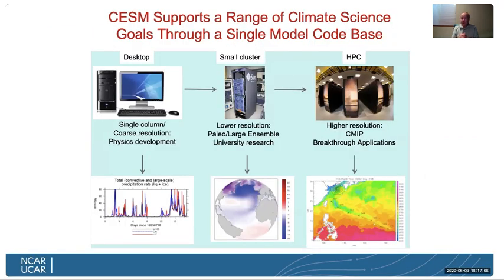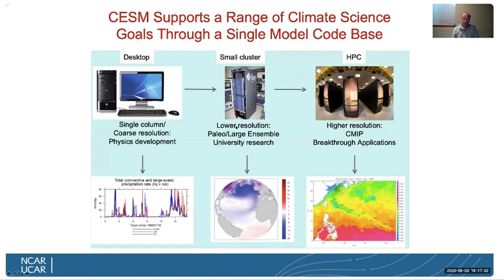CESM can support quite a big range of climate science goals through a single model code base. We have single column, very coarse resolution versions of the model, and that can be used for physics development. An example is vertical mixing developments within the ocean model in a single column mode.